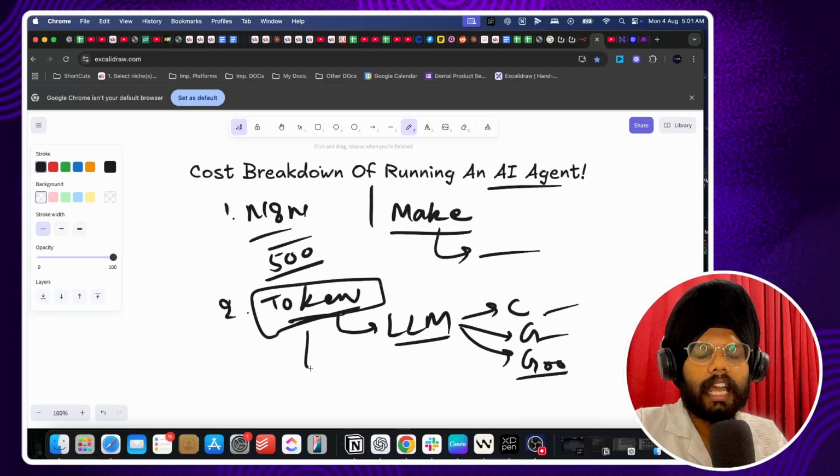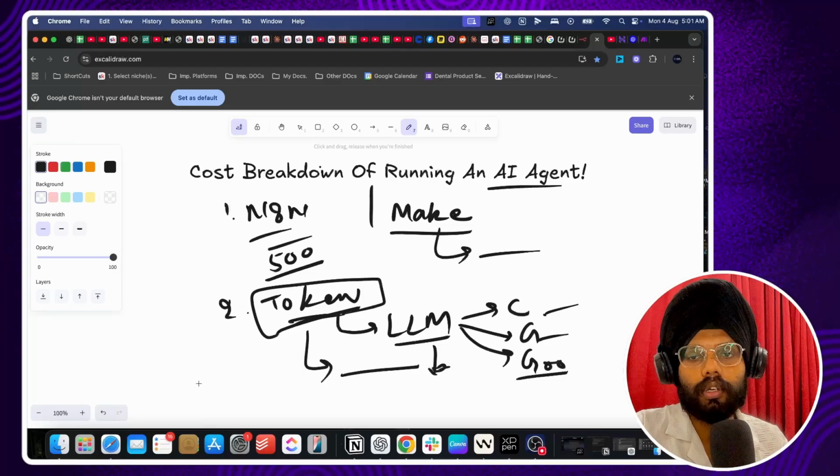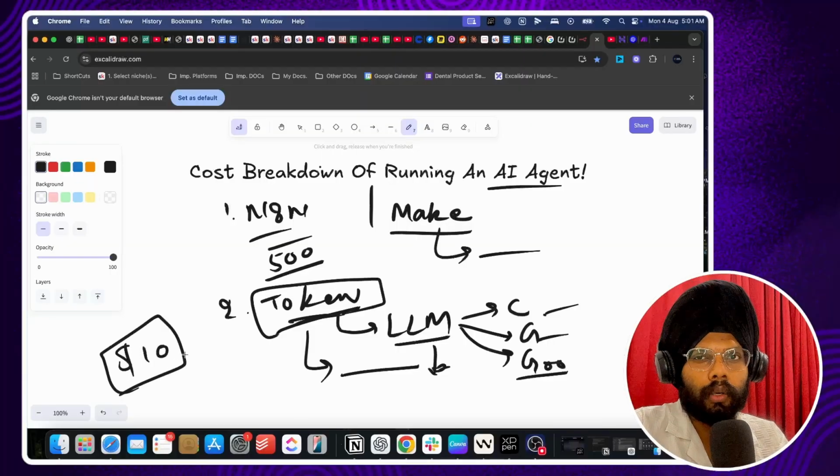But to be frank, I am not considering that, because it is very cheap. I put in $10 around 2 months ago, and to this date I am using a lot of ChatGPT and it has still not been exhausted. A lot is still remaining, and I can run a lot right now as well.